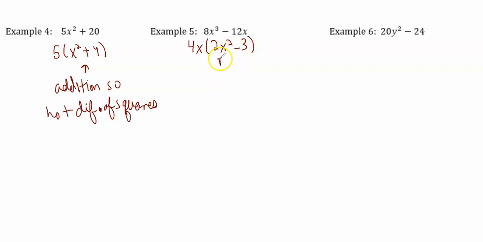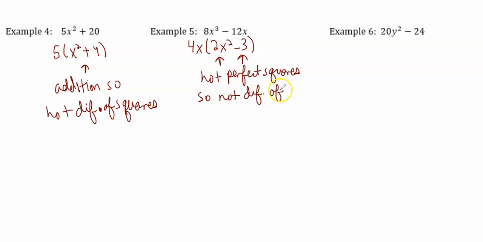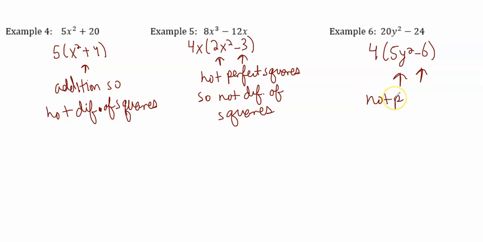I have subtraction, so that's great, but 3 and 4 are not perfect squares. So this is not difference of squares. Last one, I can pull out a 4. I have subtraction, but 5 and 6 are not perfect squares. So this is not difference of squares.